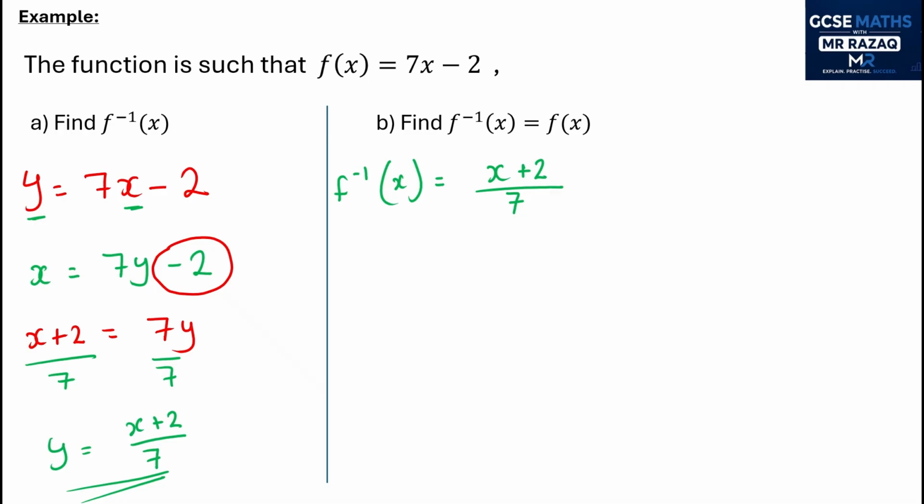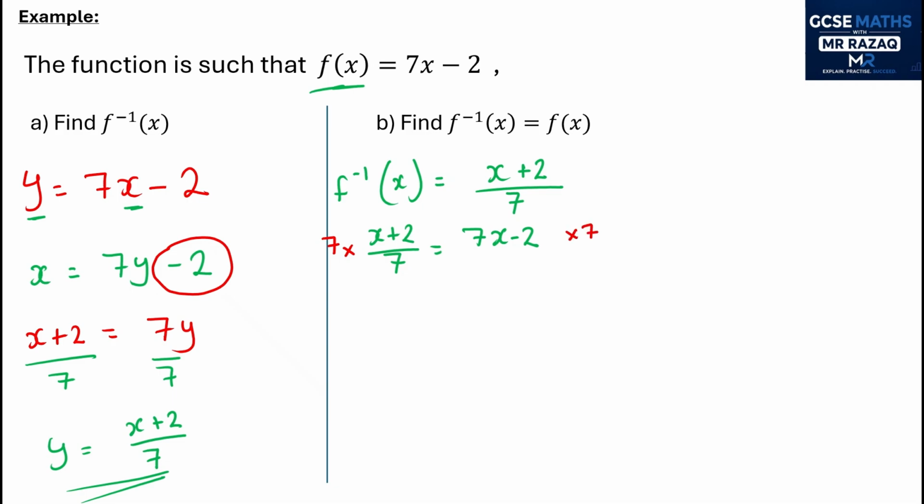Now part B asks me to make the inverse function equal to the f of x function. Now that would be x plus 2 over 7 is equal to the function 7x minus 2. And then you can see I'm going to multiply both sides by 7.